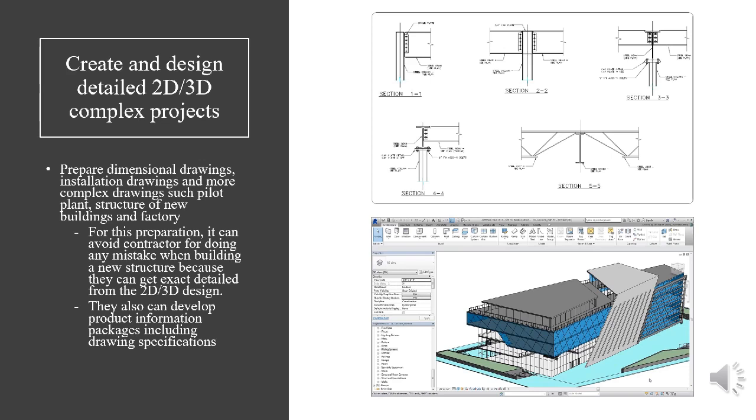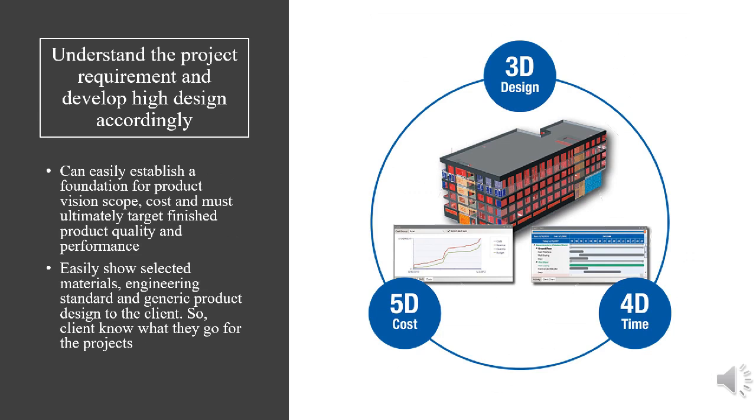They also can develop product information packages including drawing specs for what they want to design. Another responsibility of 3D computer-aided design is to understand the project requirements and develop the design accordingly. From the project requirements, they can easily establish a foundation for product vision, scope, cost, and target finished product quality and performance.